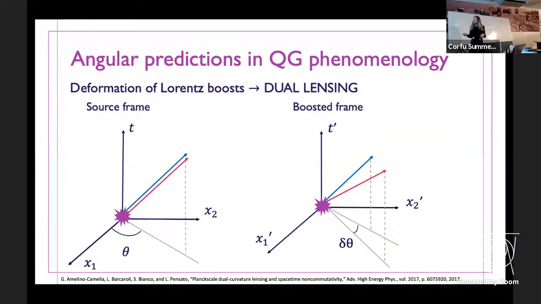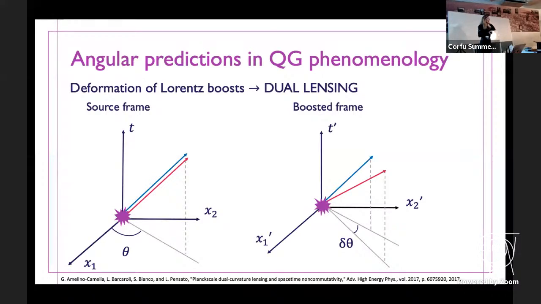So here we see the projection in the x1, x2 plane, and this is the angle with respect to our x1 axis. Then in a boosted frame, what happens is that the spatial projection of the directions of the two photons will not coincide, and in particular there will be an angle between these propagation directions that is proportional to the difference in energy of the two photons.